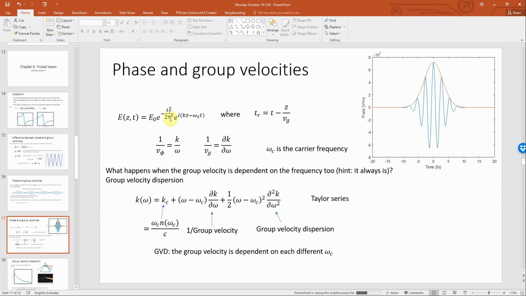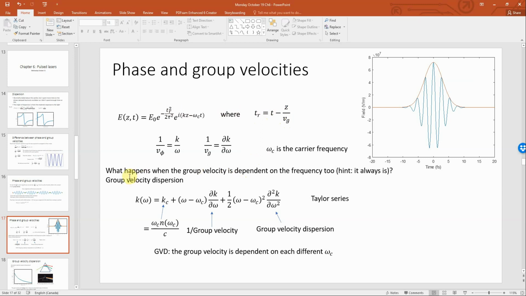You have this envelope given by this Gaussian, and this pulse travels with this group velocity, so the time is going to be the retarded time, the time that you actually have minus z over vg, where vg is the group velocity, given by c over ng, ng being the group index of refraction.